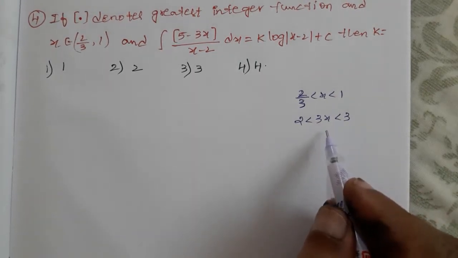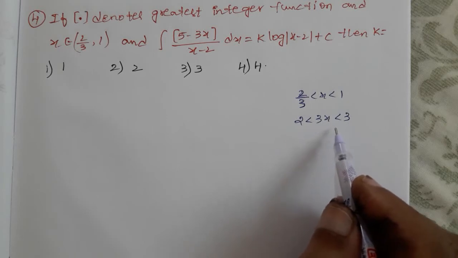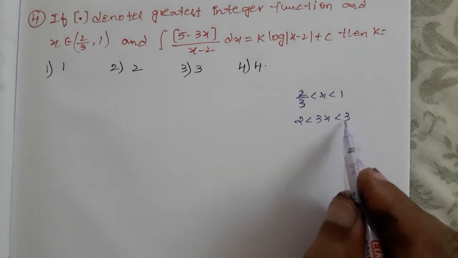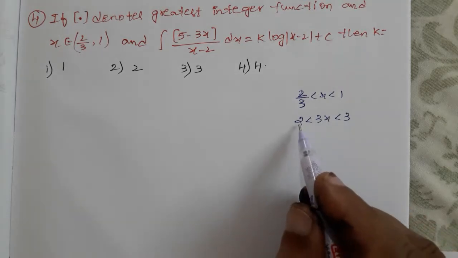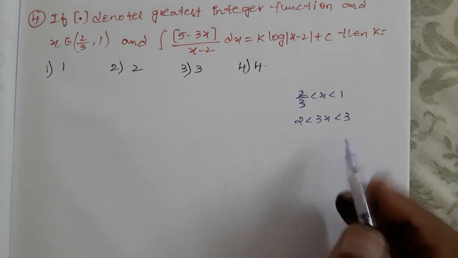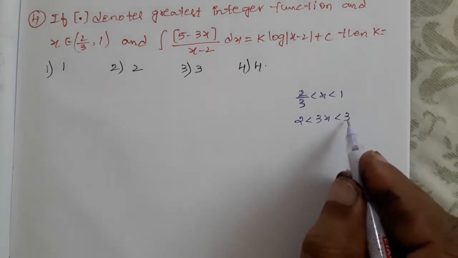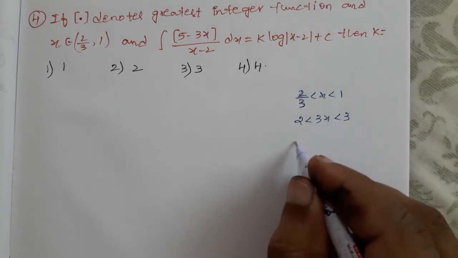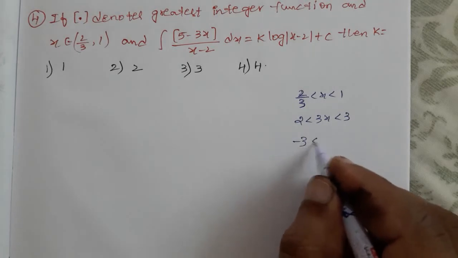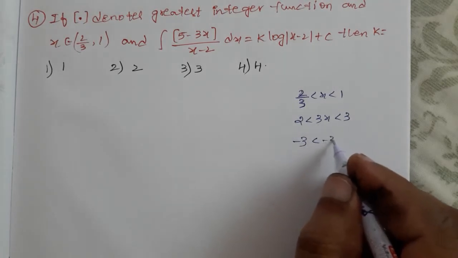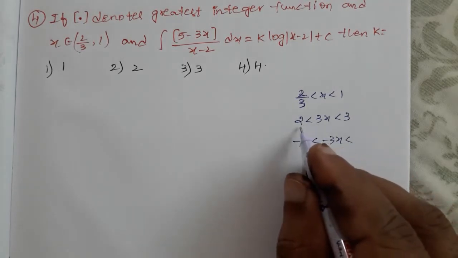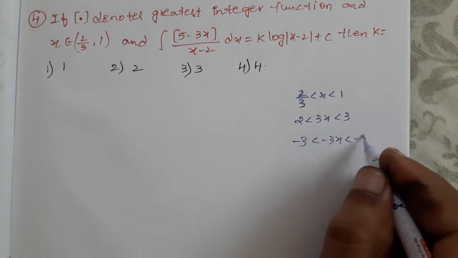By multiplying by the negative sign, the upper value becomes the lower value and the lower value becomes the upper value. So it becomes minus 3 in the first position, less than minus 3x less than minus 2 in the top position.